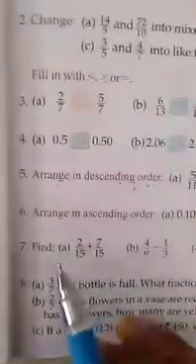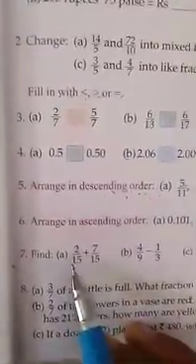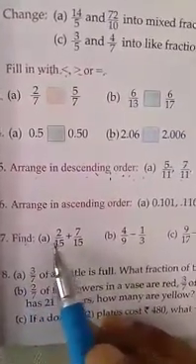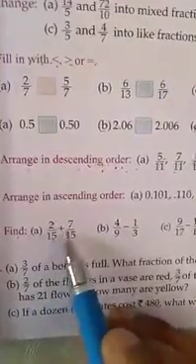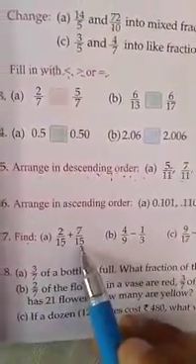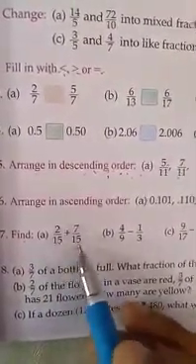Now we will move to question number 7. Find part A of this question: 2 upon 15 plus 7 upon 15. We will add these fractions.